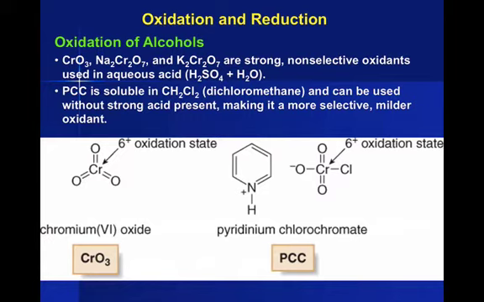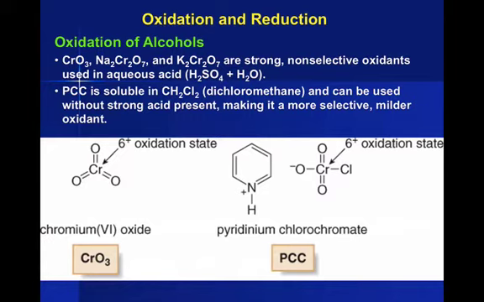Okay? It turns out that an easy way to oxidize alcohols is to use chromium that's in the +6 oxidation state, chromium metal. Okay? And so there's many reagents that we can use to do that. Chromium trioxide is one. It has chromium in the +6 oxidation state.